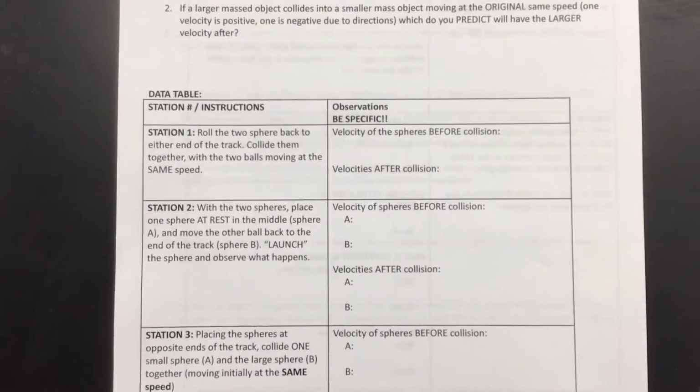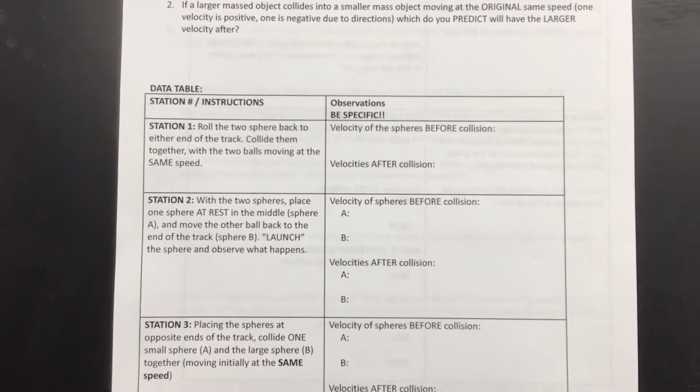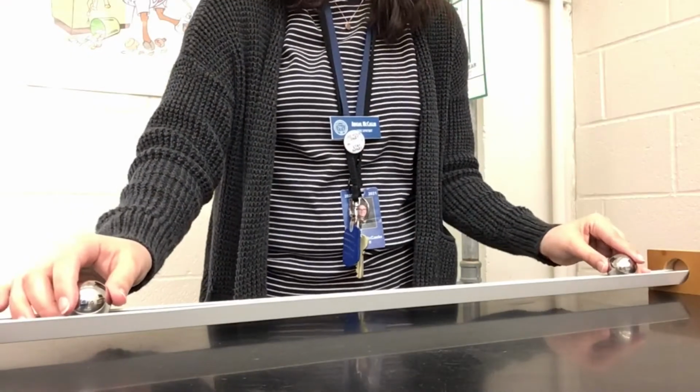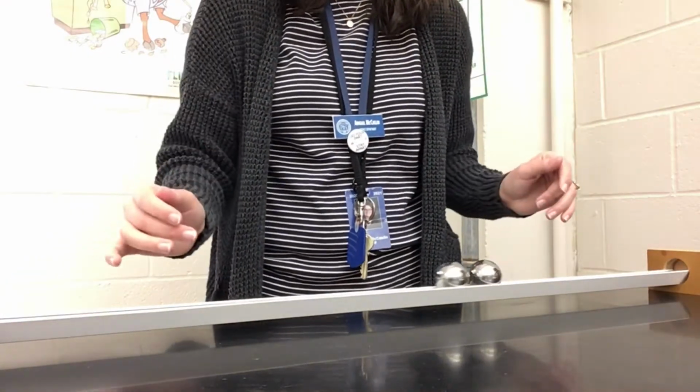Station number 1 reads that we need to roll the 2 spheres back to either end of the track and collide them together with the 2 balls moving at the same speed. Here is what my track looks like, so it's nice and long. I'm going to have one ball start at one end, have the other start at the other end, and then we are going to collide them. Let's do this 3 times. Here they're starting at opposite ends, and I collide them.